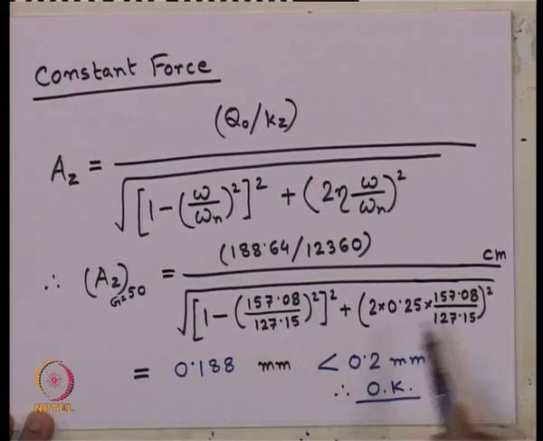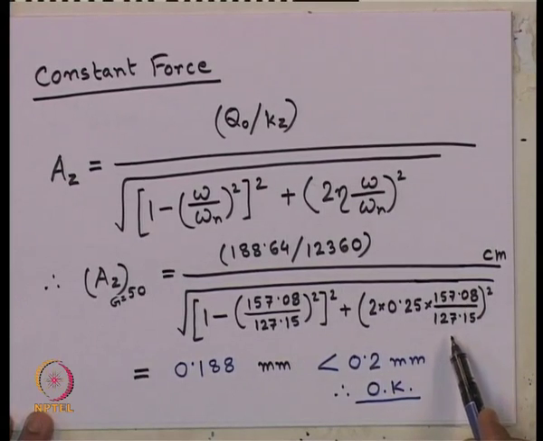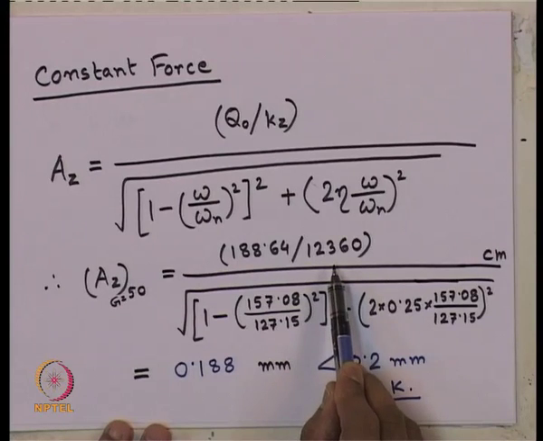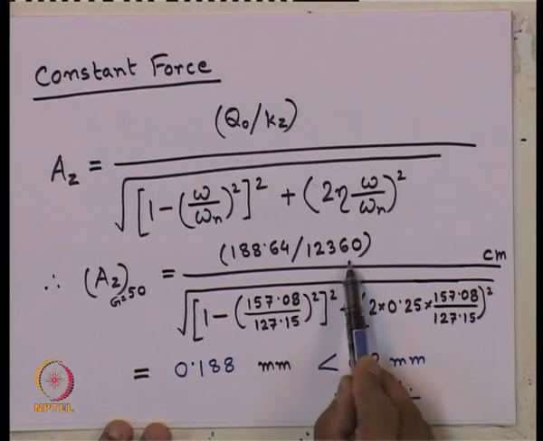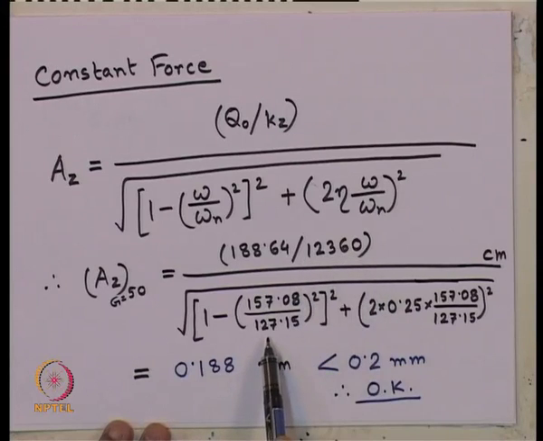Eta will remain the same. Kz for G equals 100 TSF is 24720, and omega n at G equals 100 is 179.82 CPS.